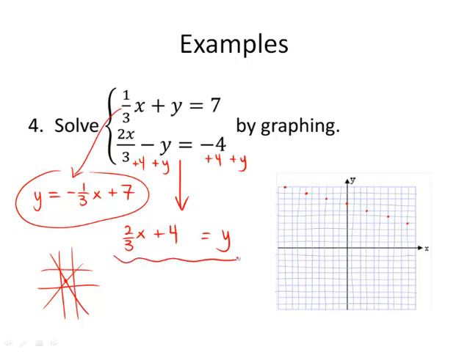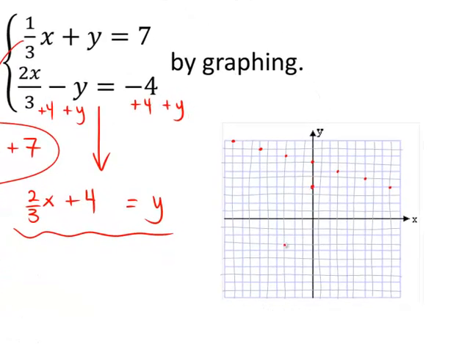And the second equation will start at positive 4 and travel up 2, right 3. And you can already see exactly where they're going to meet. So that will give you approximately that line.